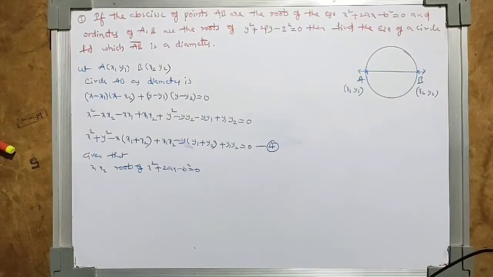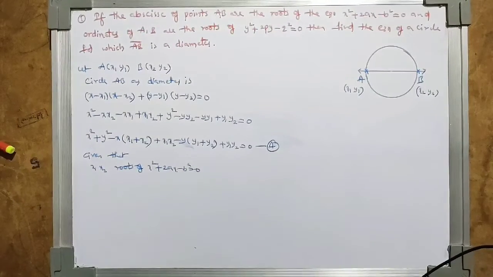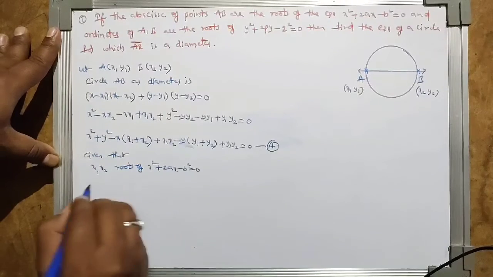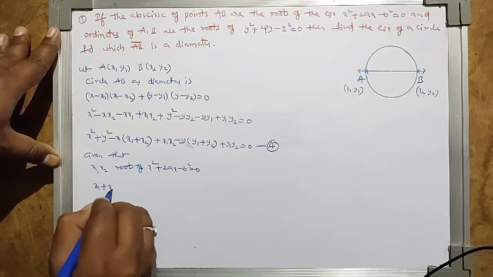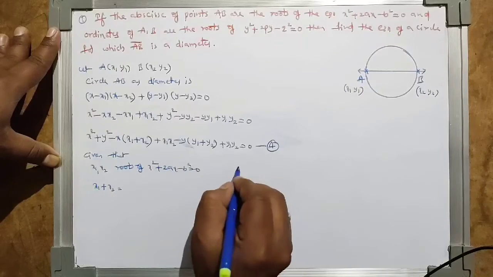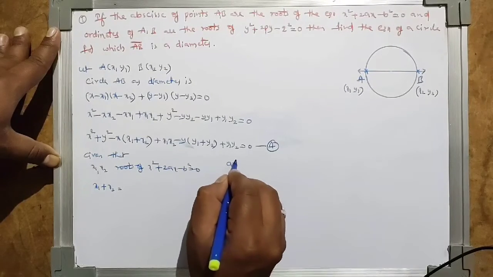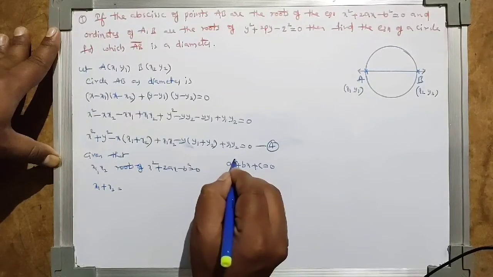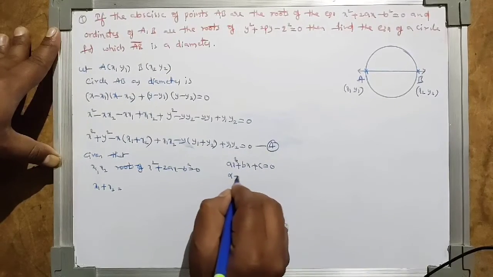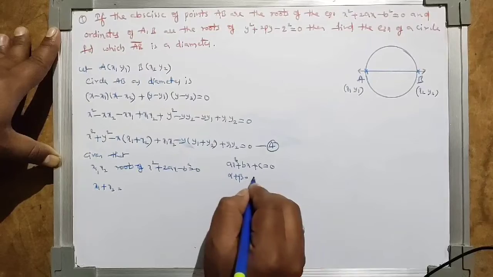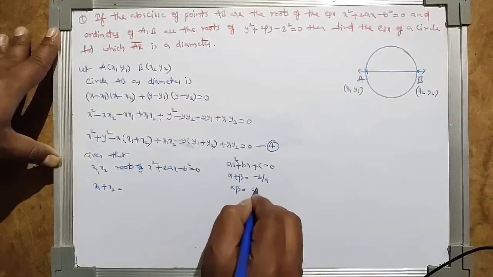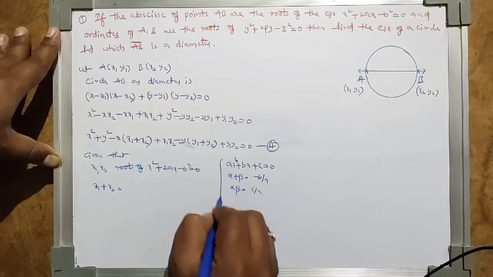So what is the sum of the roots? If ax square plus bx plus c is equal to 0 is a quadratic equation, then the sum of the roots alpha plus beta is equal to minus b by a, and alpha beta is equal to c by a. This is the formula we have.